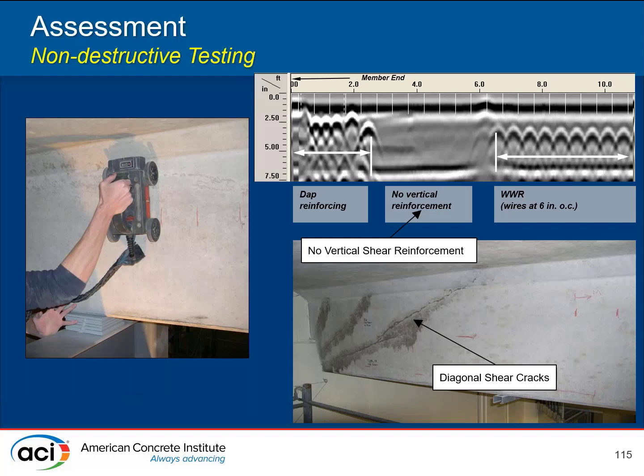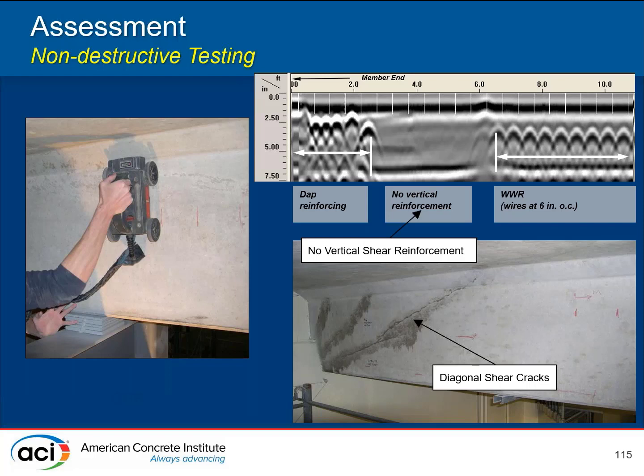What they found in the members, I'm not sure if it was all of them or just the ones that were cracked, was that the dap reinforcement was there, but the welded wire reinforcement that was supposed to start at basically the beginning of the double T was actually shifted, and it didn't start until about 6 feet from the end of the member. So there was this 3 or 4 foot span that did not have any vertical shear reinforcement.